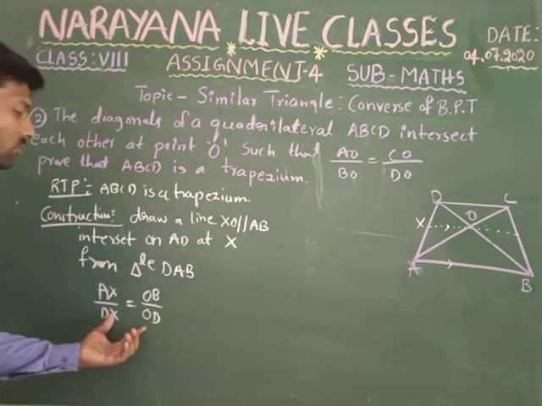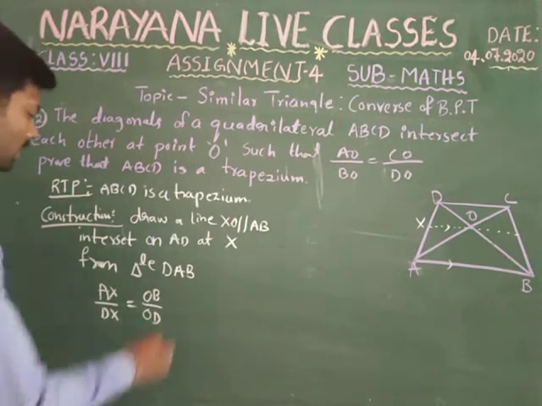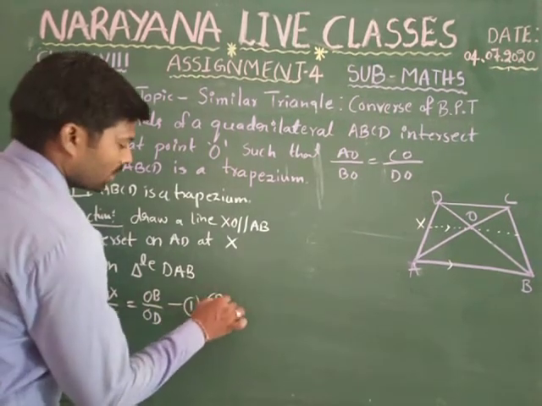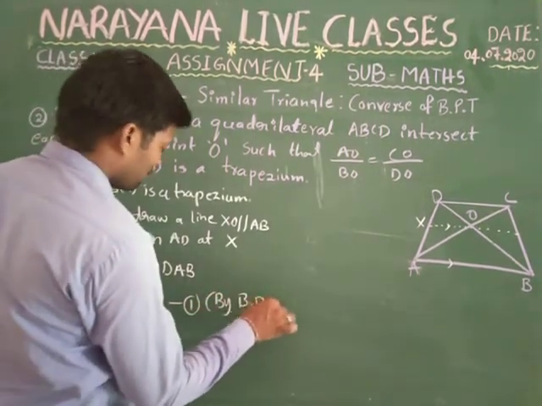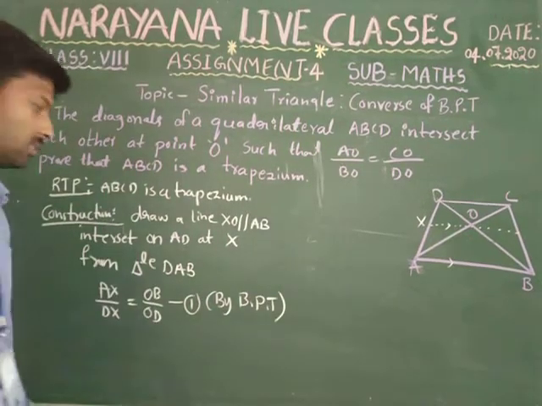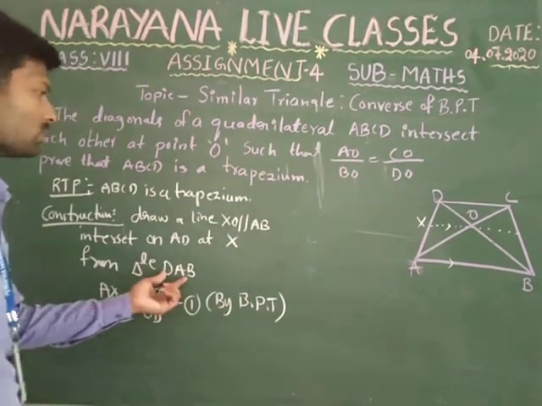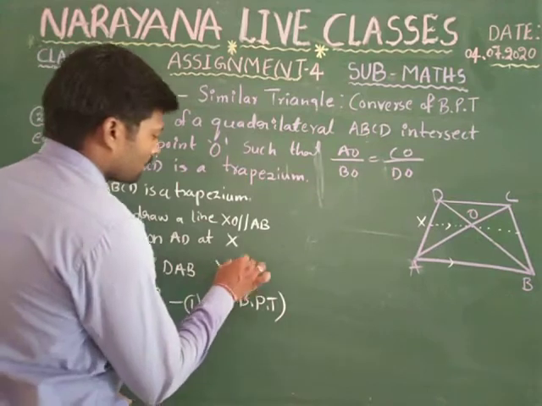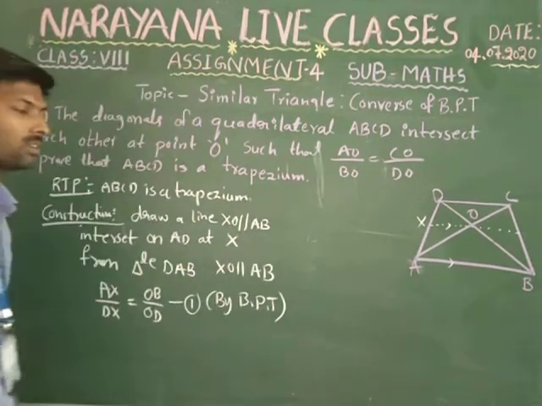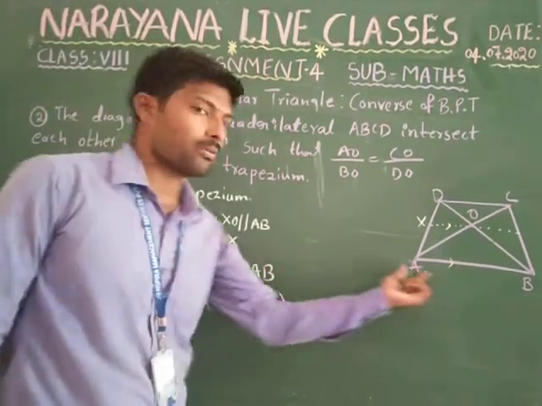So this is the first one, by the basic proportionality theorem. This is possible only because XO is parallel to AB.